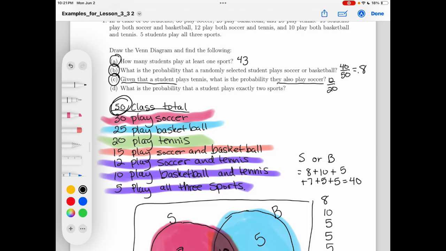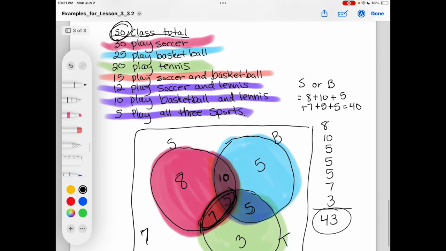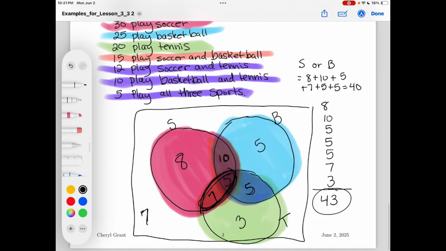What is the probability that a student plays exactly 2 sports? So now we have to look at all the people that play exactly 2 sports. So this group of 10 right here play exactly 2 sports. This 5 right here play exactly 2 sports. That's the basketball and the tennis.